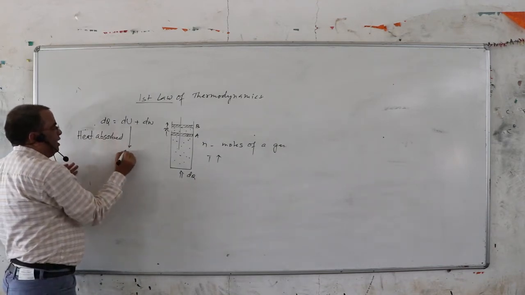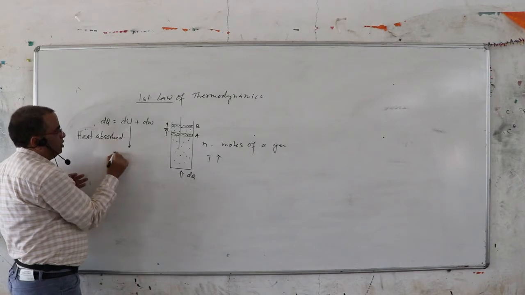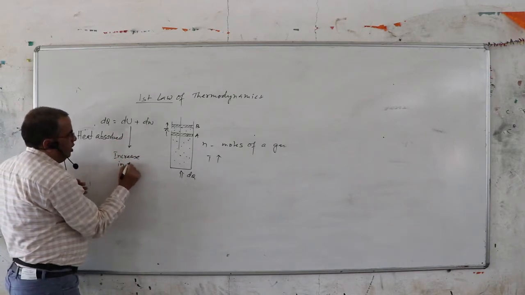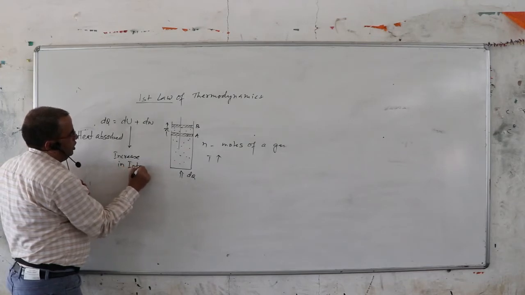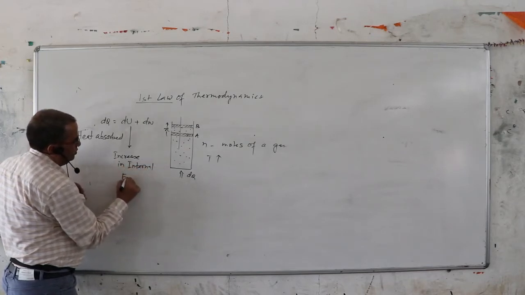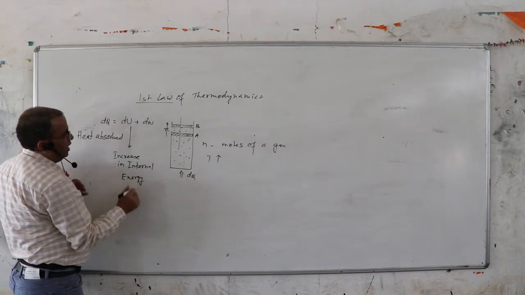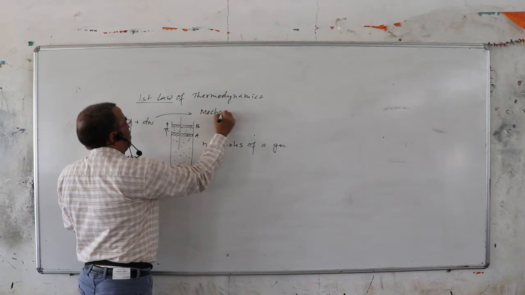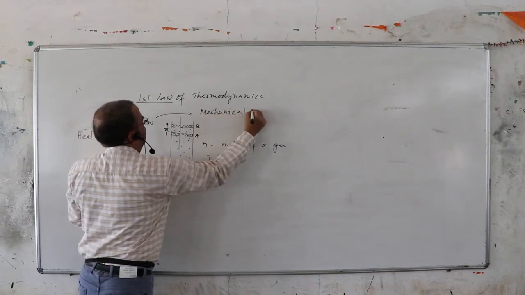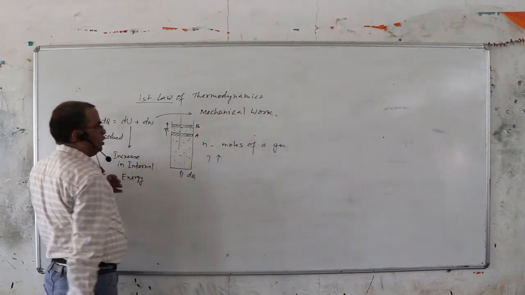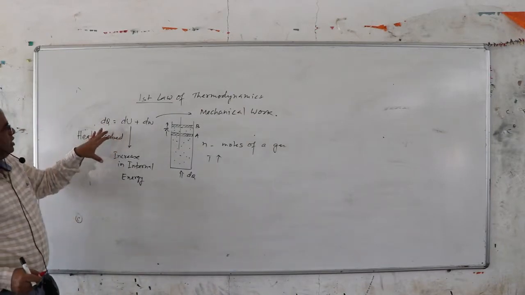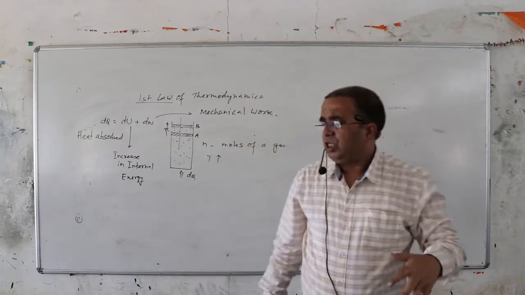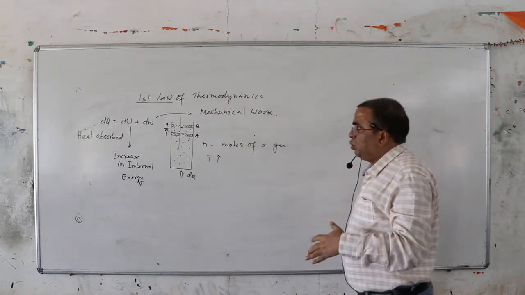One, by increasing internal energy, as well as by performing some mechanical work. So the amount of heat absorbed by a thermodynamic system is used in two ways.